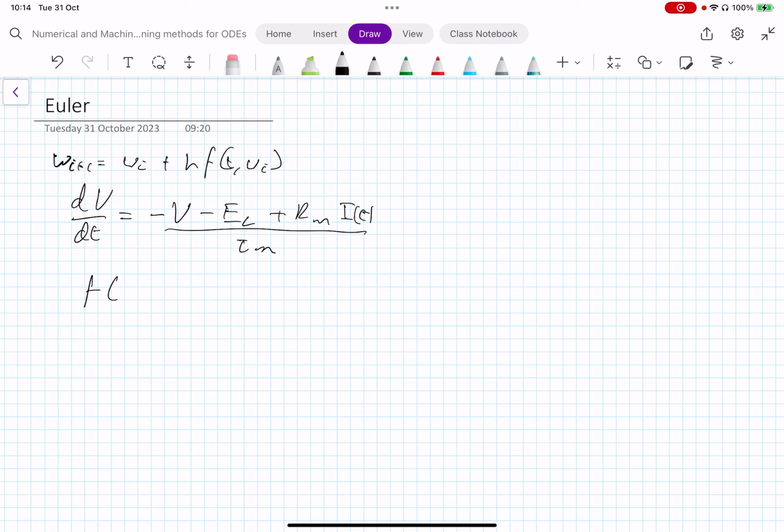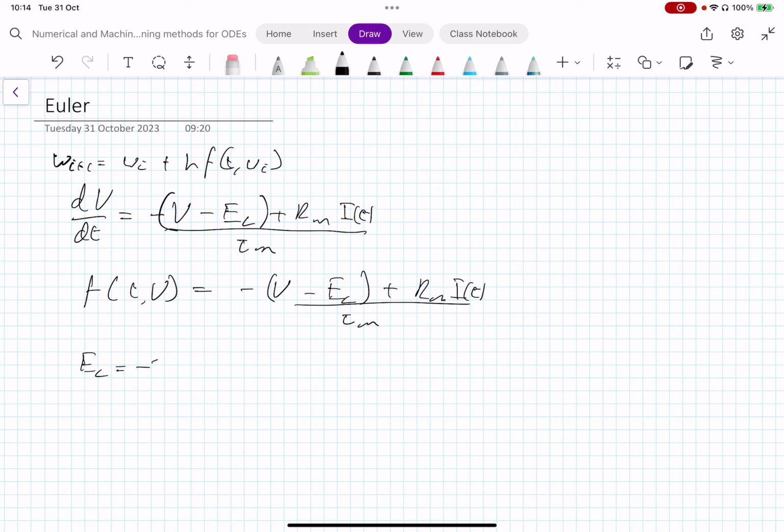So that gives us f(t, V) is equal to minus (V minus E_L) plus R_m times I, divided by tau_m.